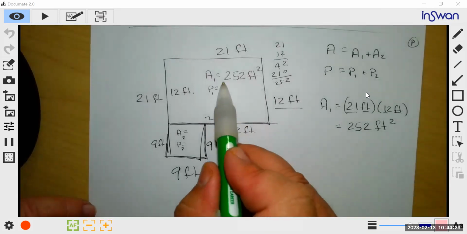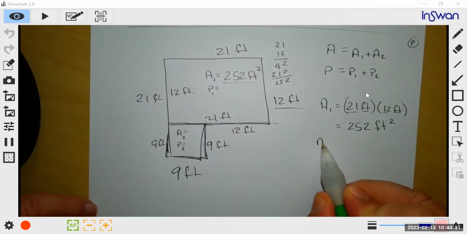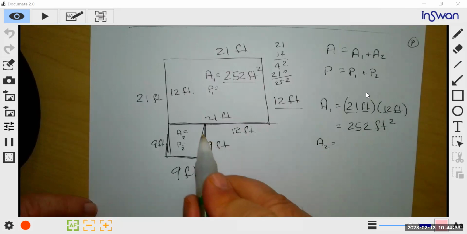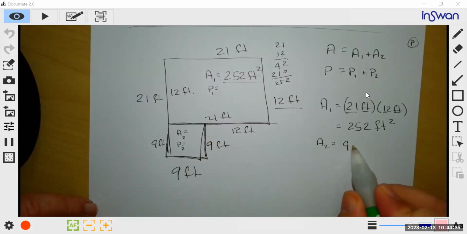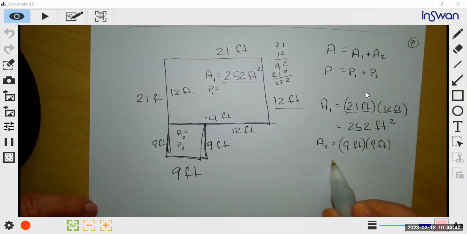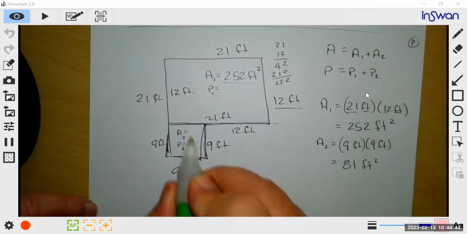That's the big one. The small one is 9 feet by 9 feet. 9 times 9 is 81 feet squared.